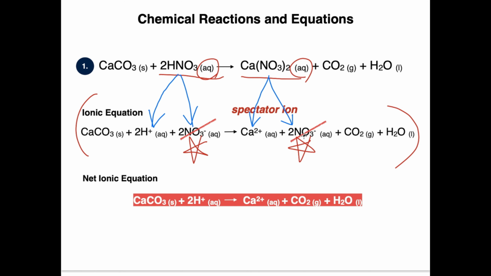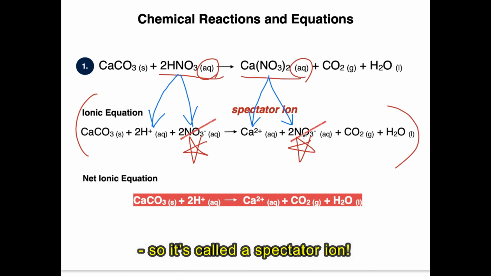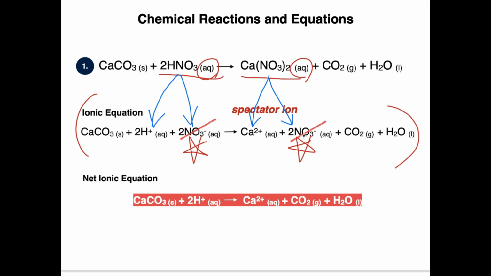This means that this nitrate ion hasn't gone under any change. It just spectated throughout the entire reaction. So we call the nitrate ion a spectator ion right here. And we can eliminate the ion because it hasn't participated in the chemical reaction.